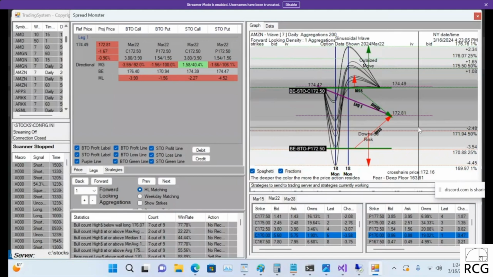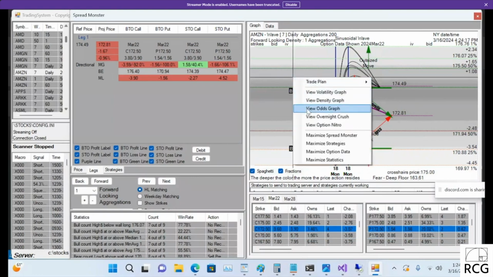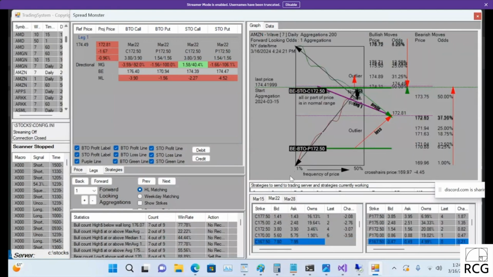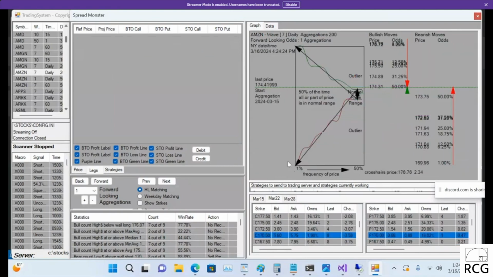What was the other wave called? Not the fingers or the Sinusoidal? The one with... So there's this other one. This one I just call odds graph. It's showing those green and red lines right there, these squiggly ones.